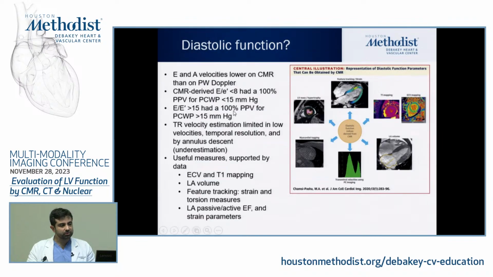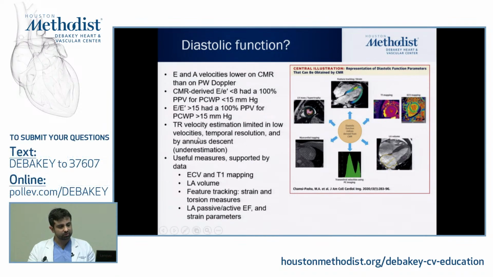Now, beyond LV ejection fraction, you can measure diastolic function. Usually you get slightly lower E and A velocities on MRI compared to Doppler because of the lower temporal resolution. But you can get E to E prime ratio, and those perform fairly well. Measuring TR velocity is difficult because of varied reasons particularly relating to temporal resolution and the constant motion of the annulus up and down.